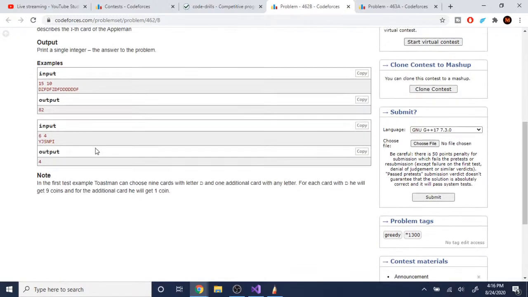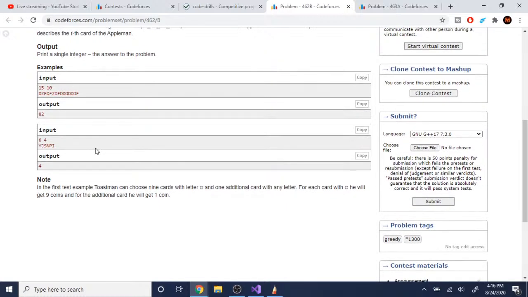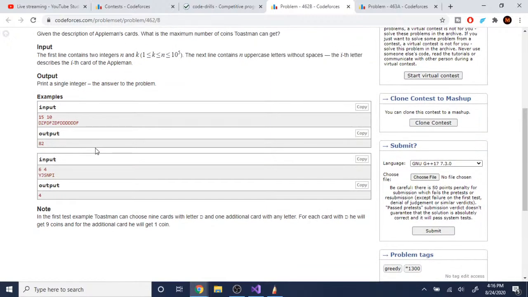In the first example, you could choose 9 cards with letter D, 1 additional card with any of the letter. Each card of D, he would get 9 coins. An additional one would get 1.